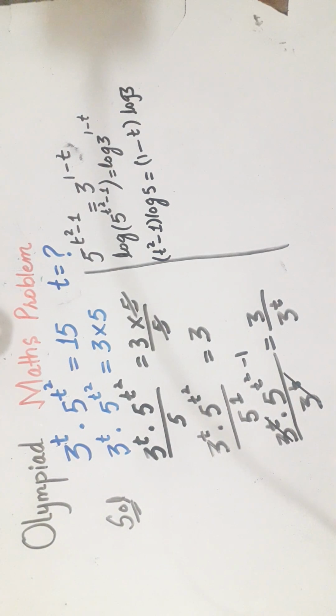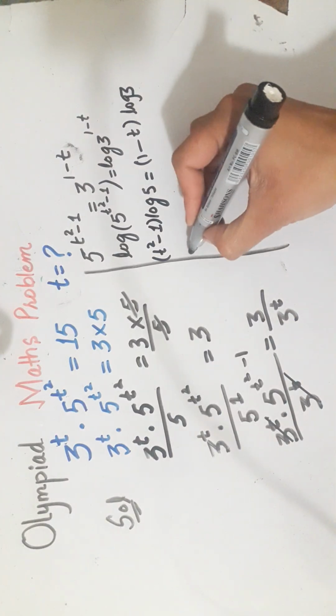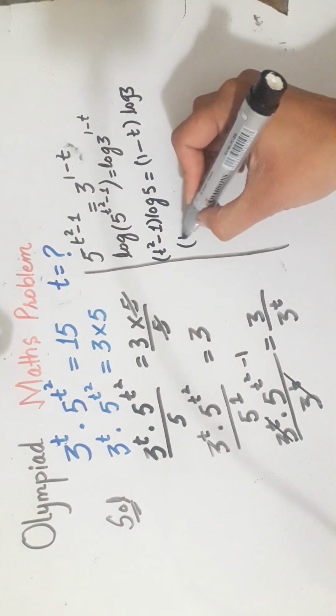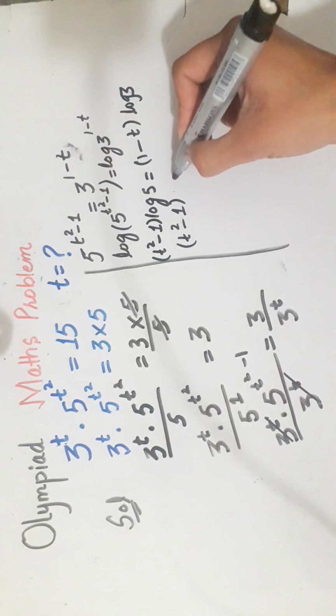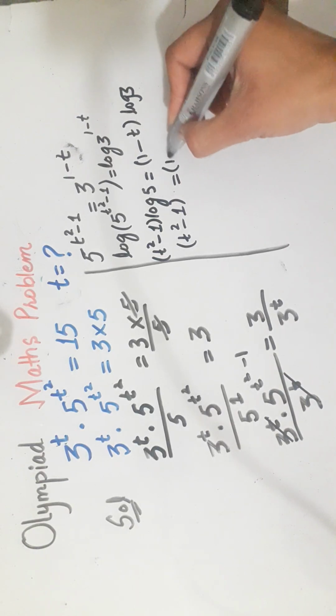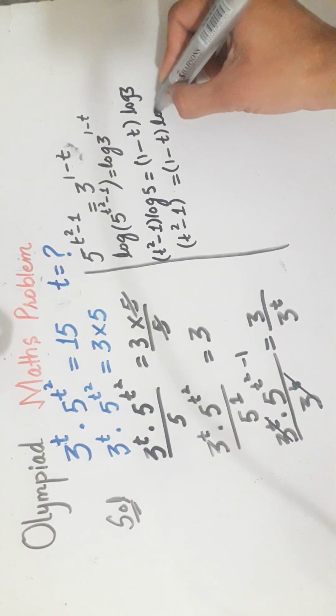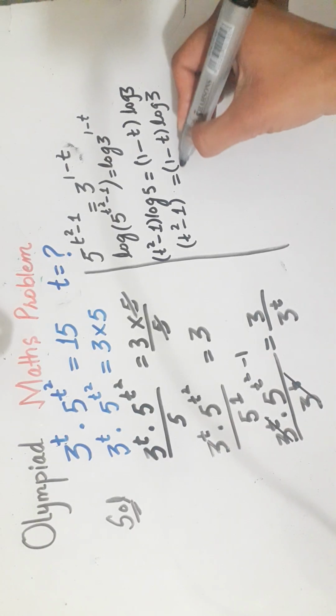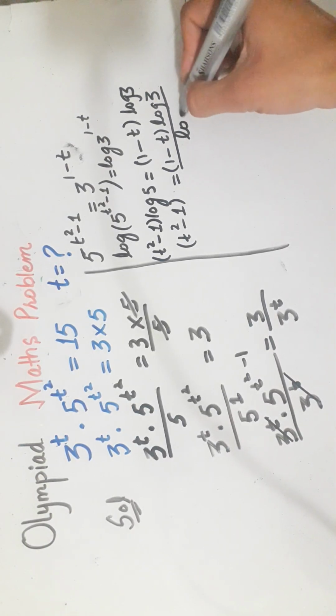Now in the next step, we will divide both sides by log 5 and get t square minus 1 equals, this log 5 is multiplied here, it will be divided. So 1 minus t into log of 3 divided by log of 5.